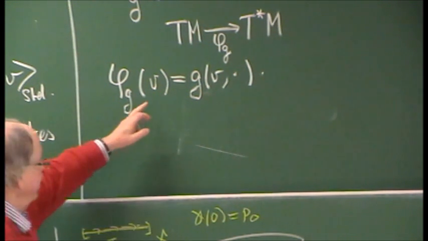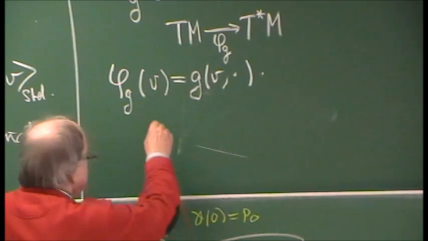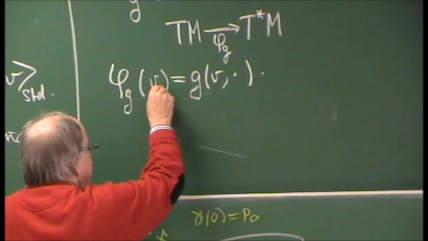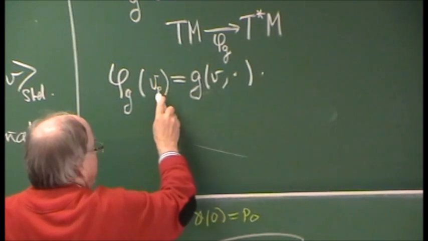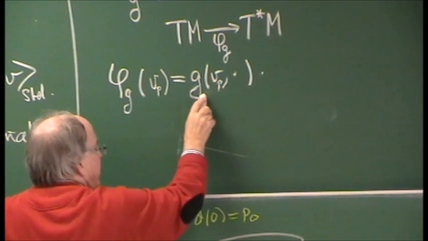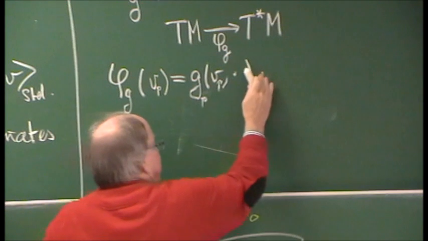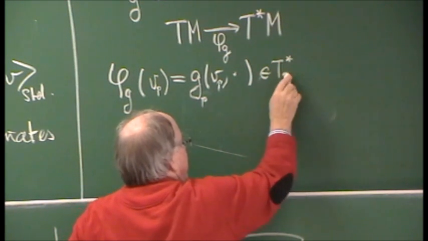I have not written this explicitly, but this is over a point P in the manifold. This is a tangent vector over the point P in the manifold, and this is then the metric at the point P. And this thing is in the cotangent space at the point P in the manifold.